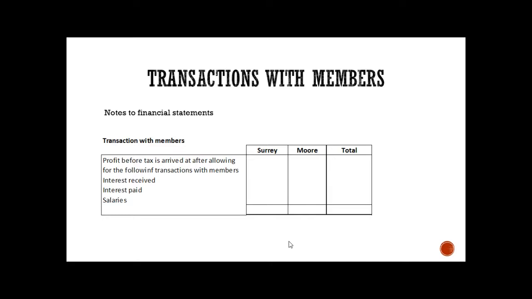Okay, so this is what this note shows. It just shows how the original profit reconciles to the profit that was actually distributed to your members.